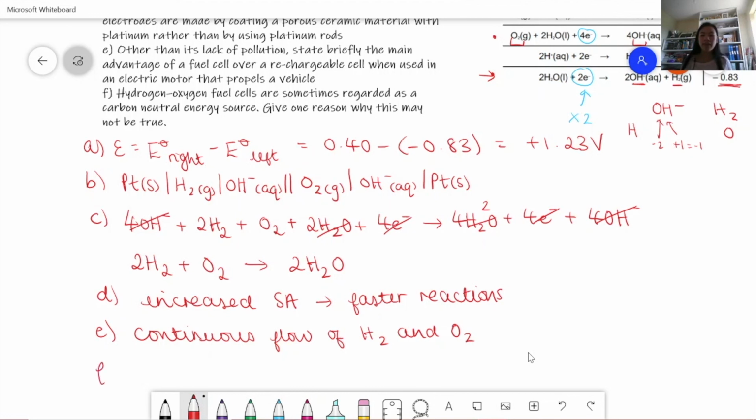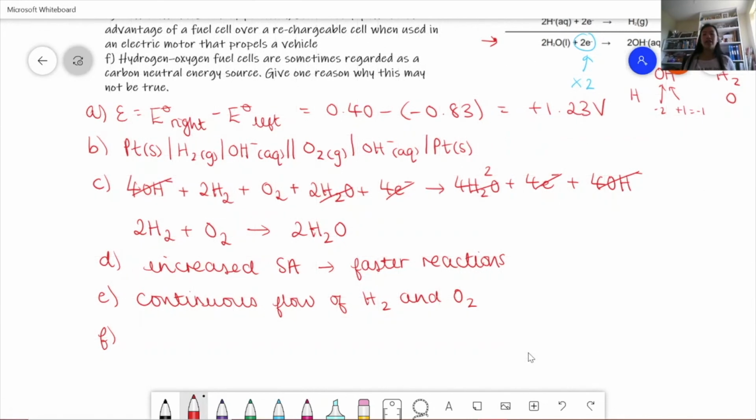And then for F, hydrogen-oxygen fuel cells are sometimes regarded as a carbon-neutral energy source. Give one reason why this may not be true. And the reason is that if we are to have a continuous flow of hydrogen and oxygen, where they come from is the burning of fossil fuels. So this is not good for the environment, and it's not carbon neutral.